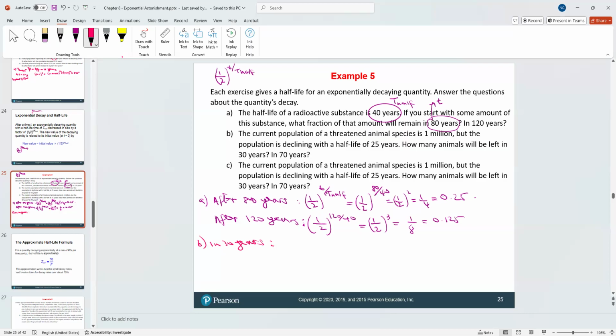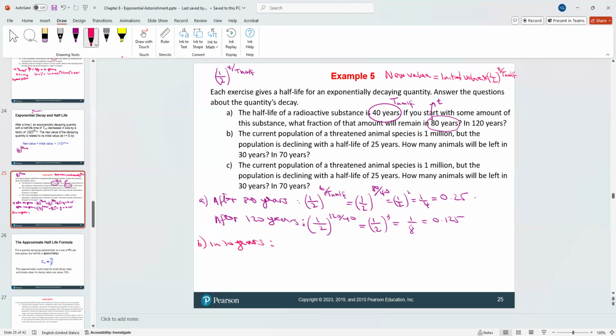Again, for this example, the current population of a threatened animal species is 1 million. So remember the questions here. You need to do new value equal initial value times 1/2 power small t over capital T half.